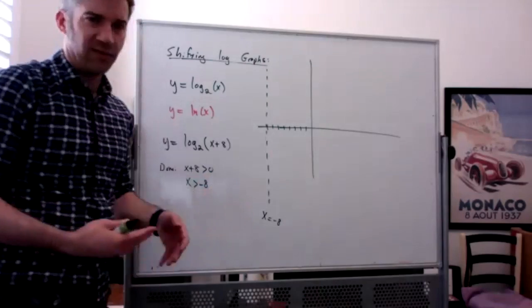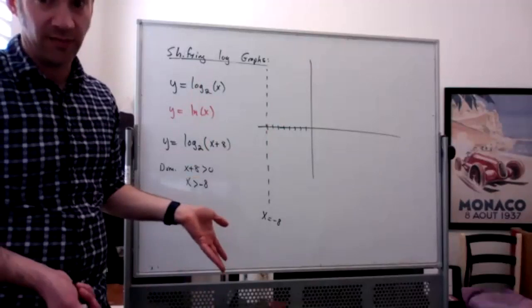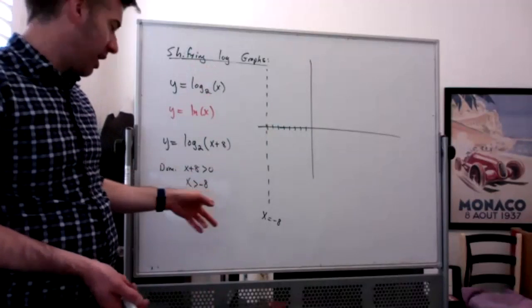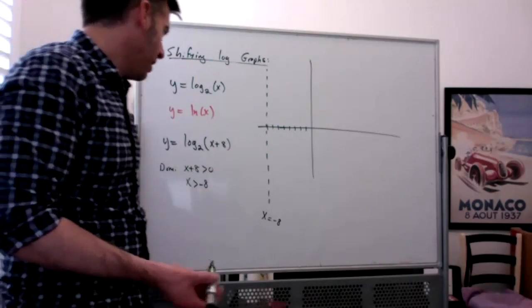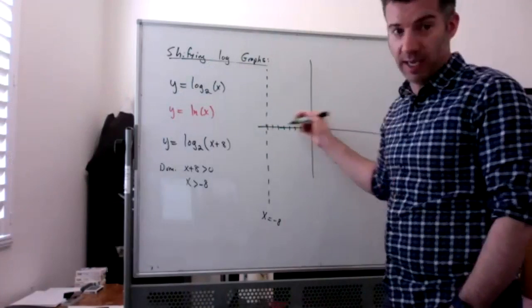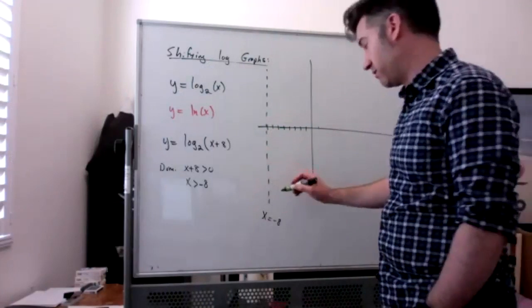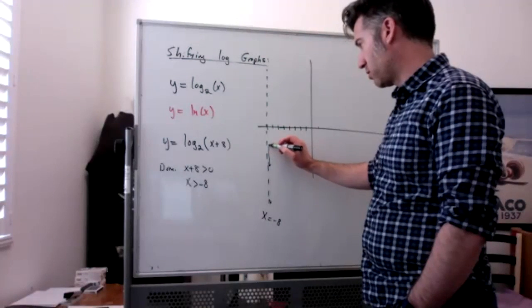And usually, like where your domain starts, right? We're starting right after -8. That value where you're not quite getting to is where your vertical asymptote is. And then our intercept of (1, 0) shifted 8 to the left, so now it's going to be at (-7, 0). And I've gone way too far down to start that. It's going to look like this.